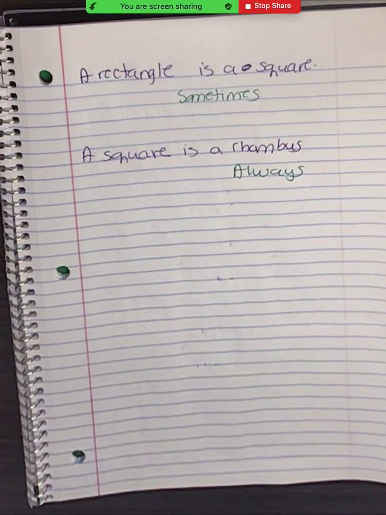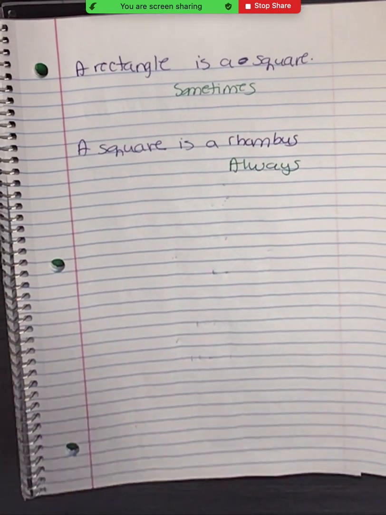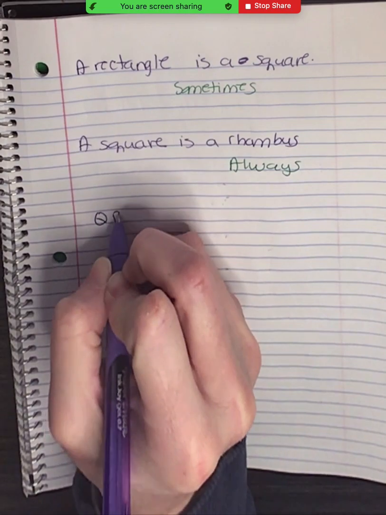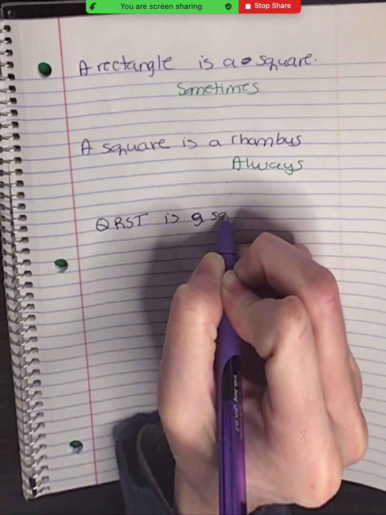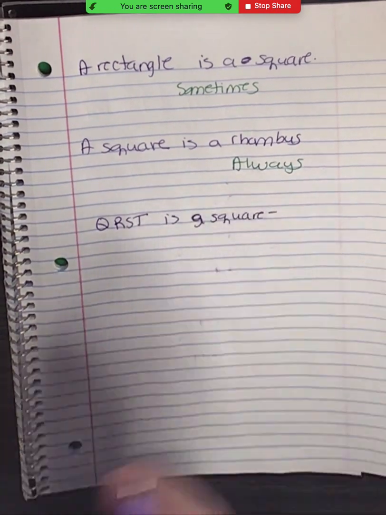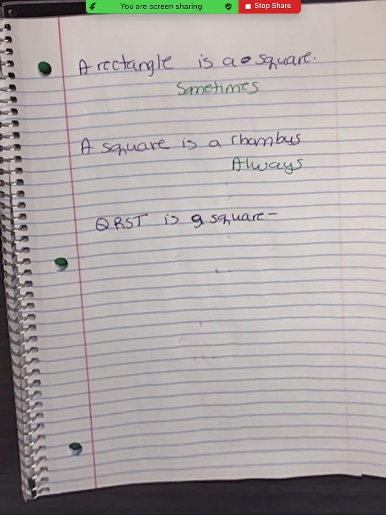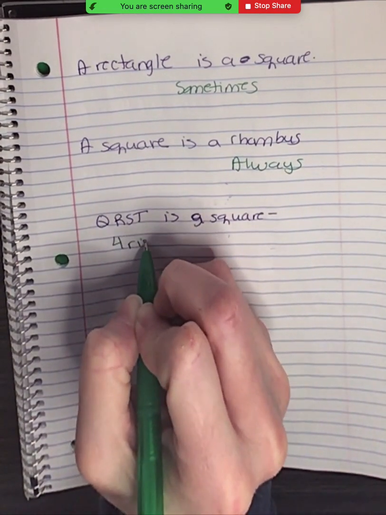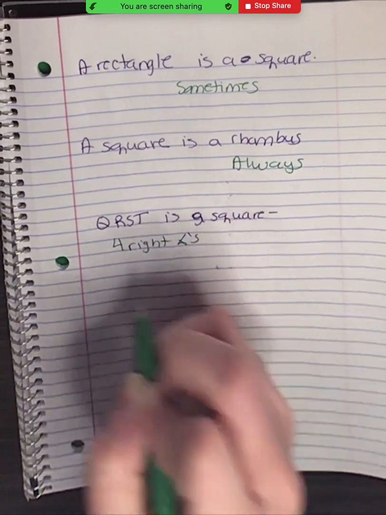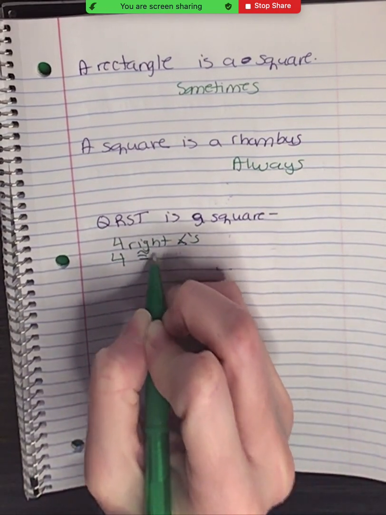All right. So if I tell you you have a square QRST, what can we decide about this figure? It's a square, so it has 4 right angles. It has 4 congruent sides.